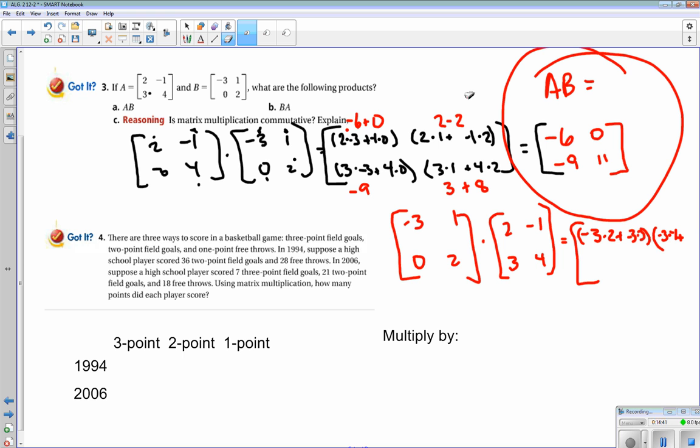All right, so I have to change this up. This is 1 right here. Oh, 1, because it goes -3 and 1, and then times 2 and times 3. So negative 3 times negative 1 and 1 times 4.